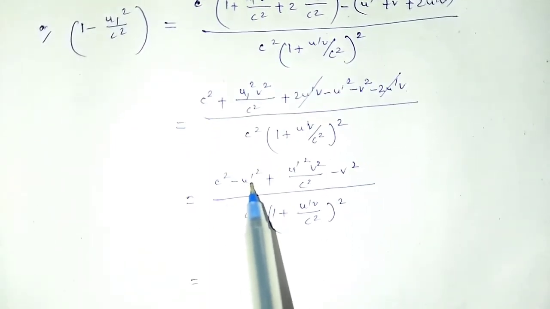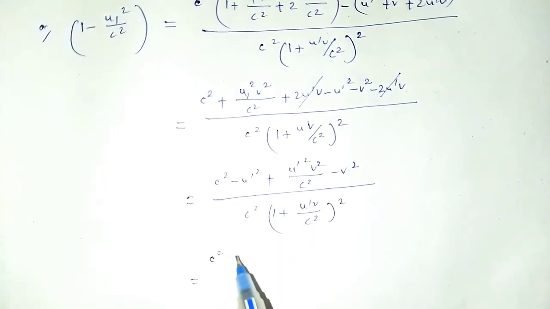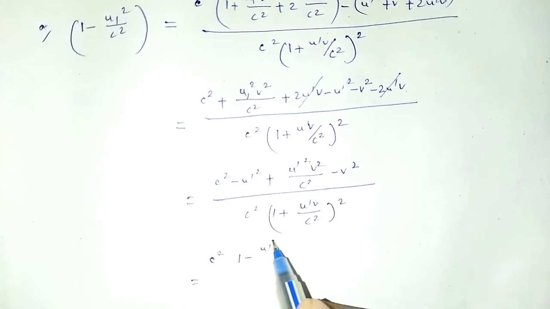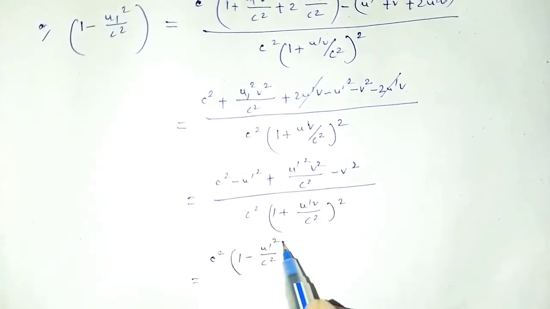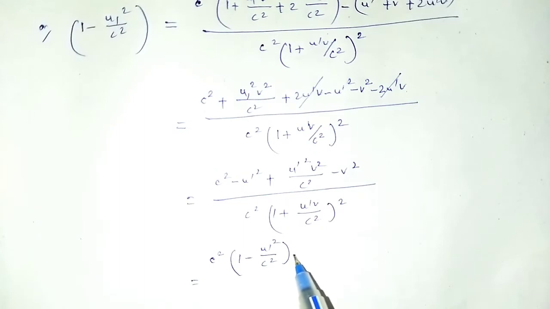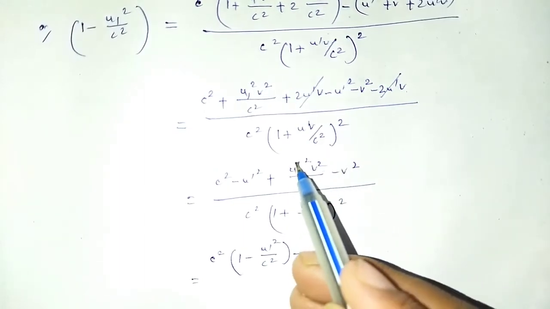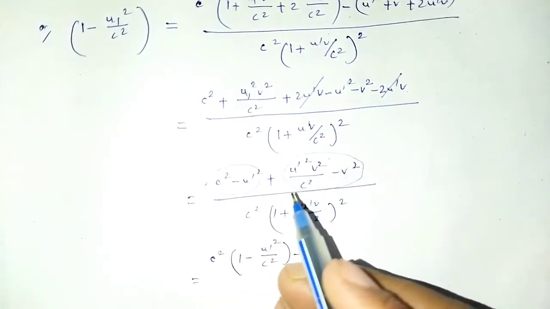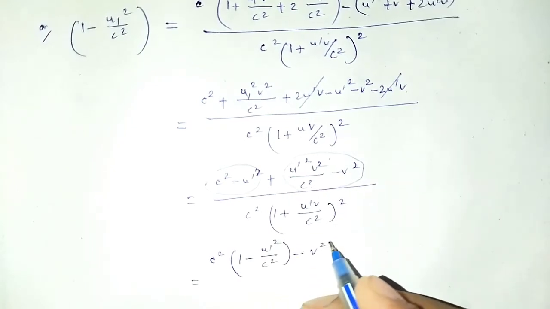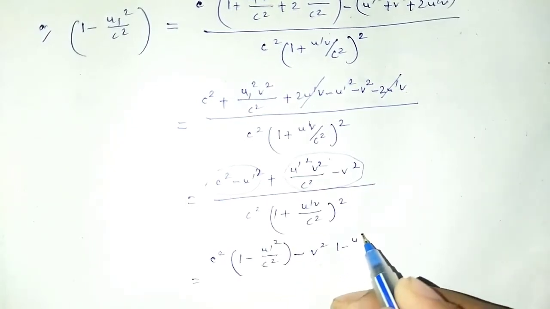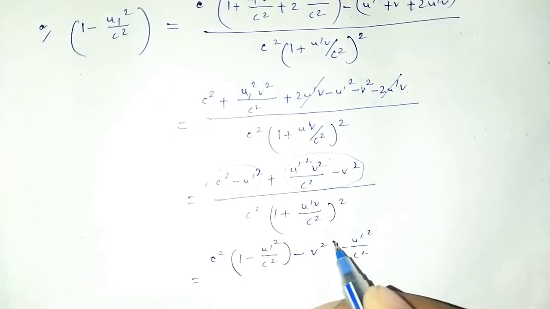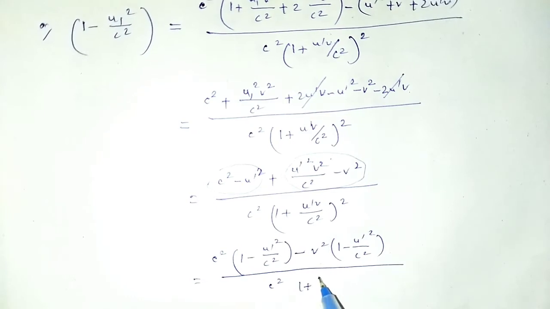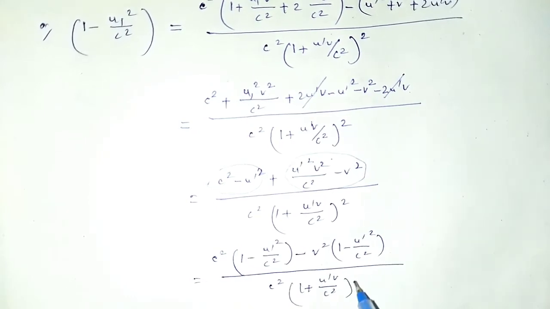In these two terms, I take c square as common. Therefore, that is 1 minus u dash square divided by c square, minus, taking v square common in between these two terms, that is 1 minus u dash square divided by c square, whole divided by c square of 1 plus u dash v divided by c square whole square.